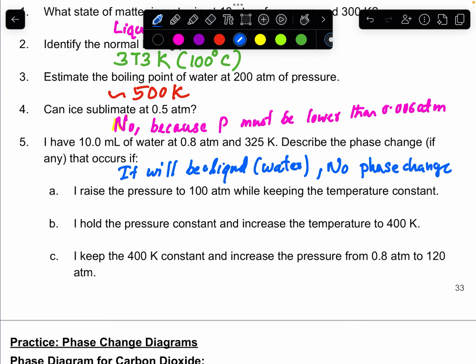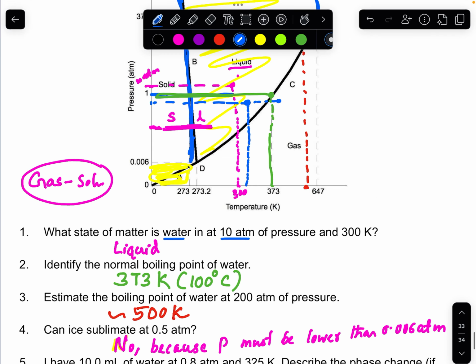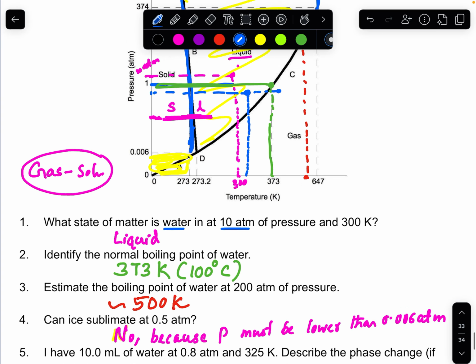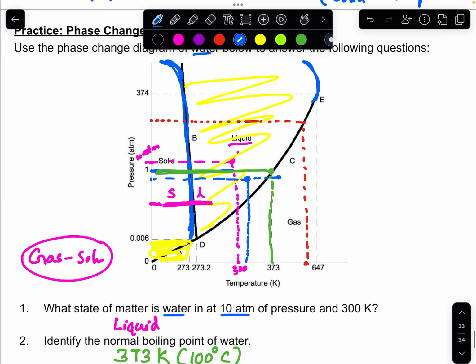Now I raise the pressure to 100 atm while keeping the temperature constant. Okay, temperature is again 325 and pressure is 100 atm. 100 atm will be maybe somewhere here, right?